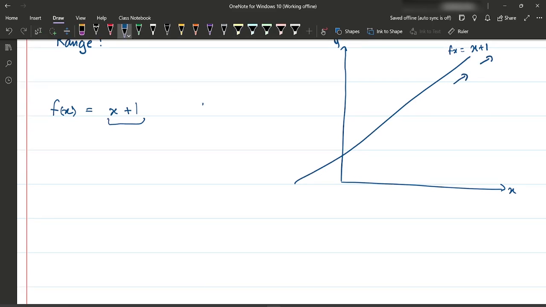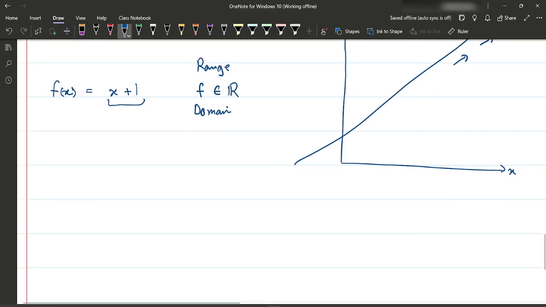So that means f is simply part of all real numbers, just like the domain. And so this would be the range. And the domain for this would simply be, well, there's nothing that breaks the function, so x is part of all real numbers as well. As you can tell, this is what the domain and range would be for this function.